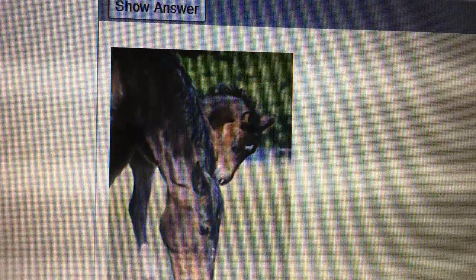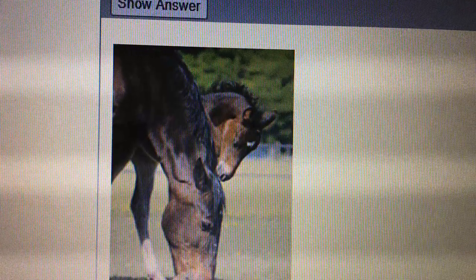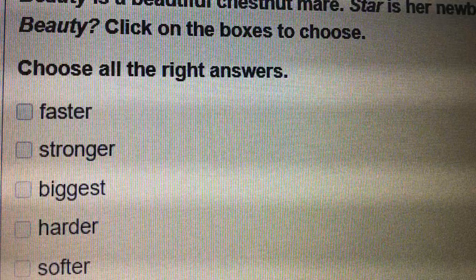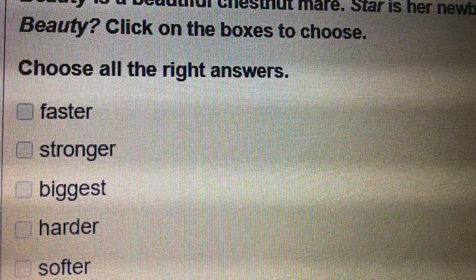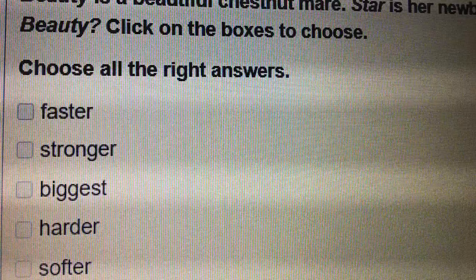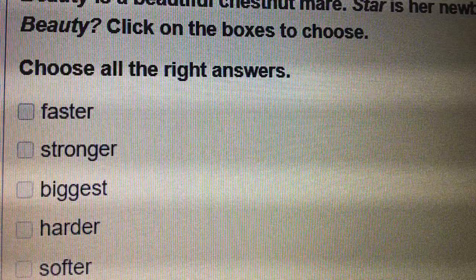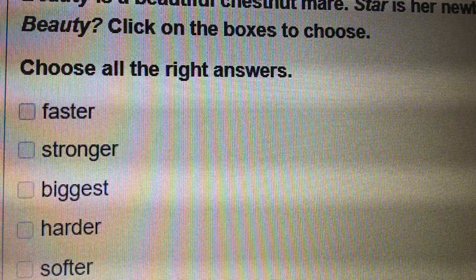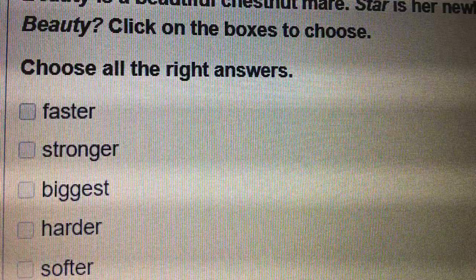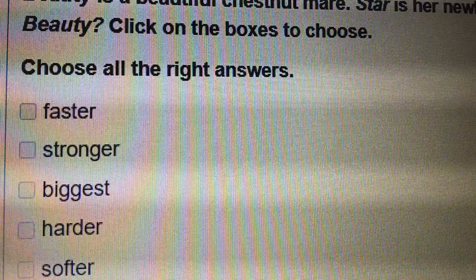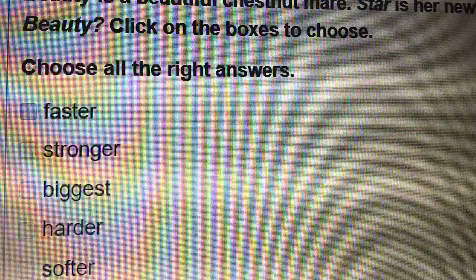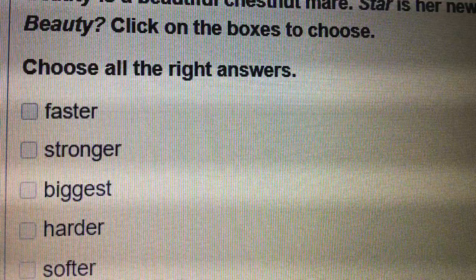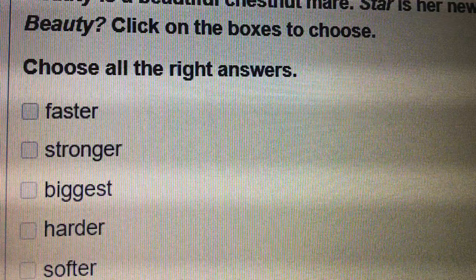Faster, stronger, biggest, harder, softer, weaker, softest, littlest, older, bigger, slower, hardest, littler, younger. There are 4 correct answers.